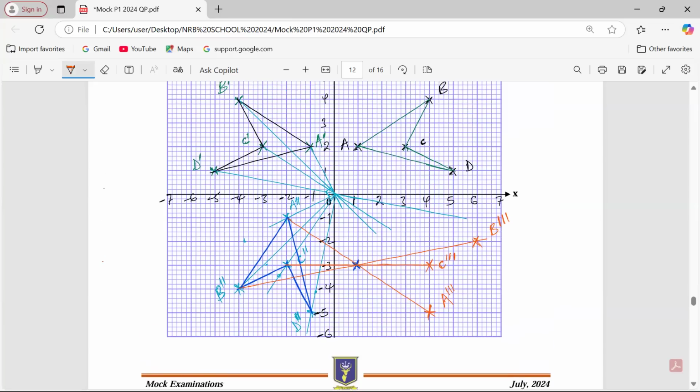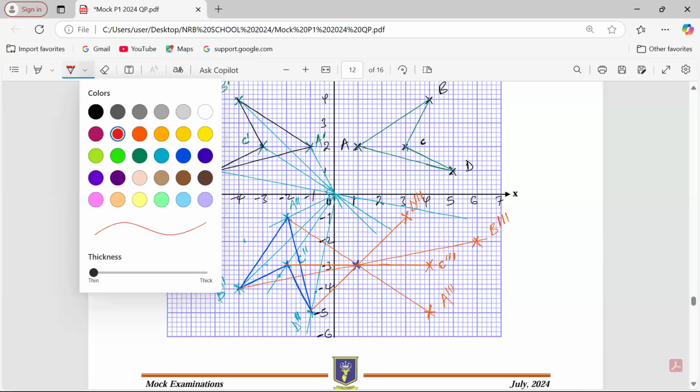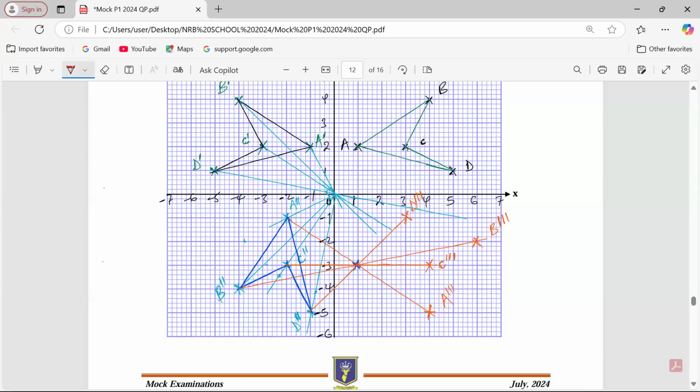And finally, we talk about D. So D is joined to the center of enlargement. Then we move an equal distance to the other side. So when I move an equal distance, I'll be having D at this point. So this will be D triple prime. With the coordinates identified that way, now I can join them for me to get the image. So from A to B, remember the order is very key.